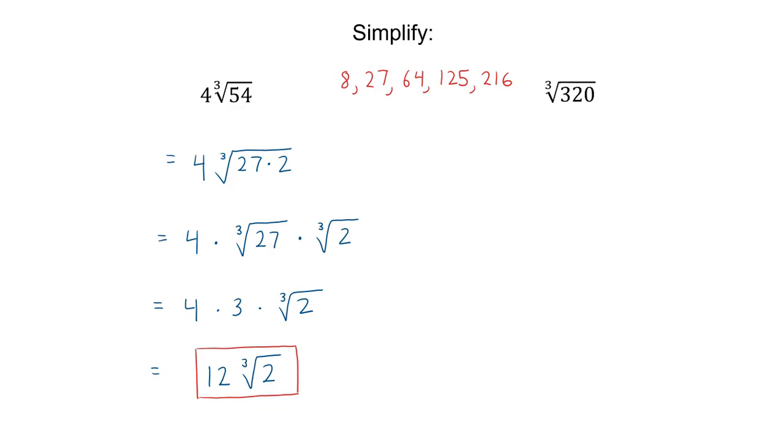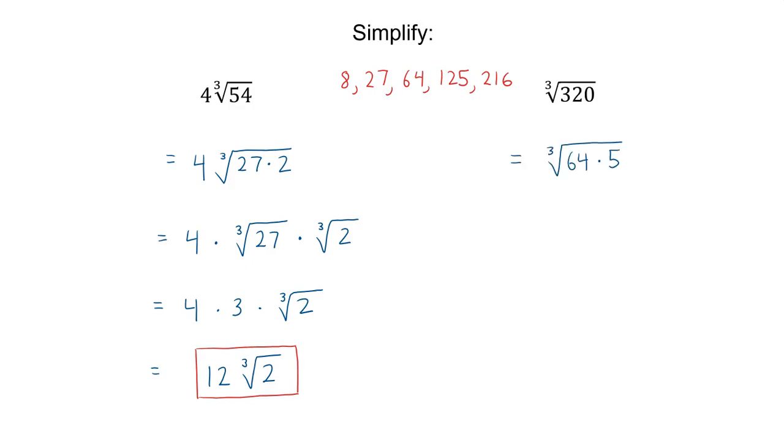No, of course not. Does 125 evenly divide 320? No. Does 64? Yes. 64 times 5 gives us 320. So 320 is evenly divisible by 64. So let's write the cube root of 320 as the cube root of 64 times 5.